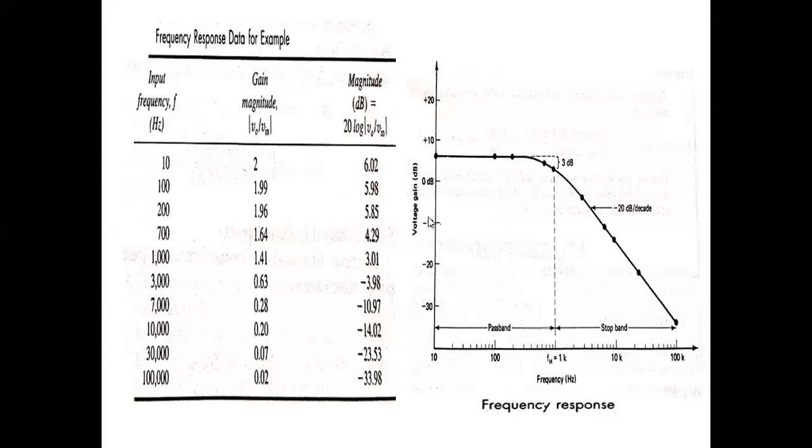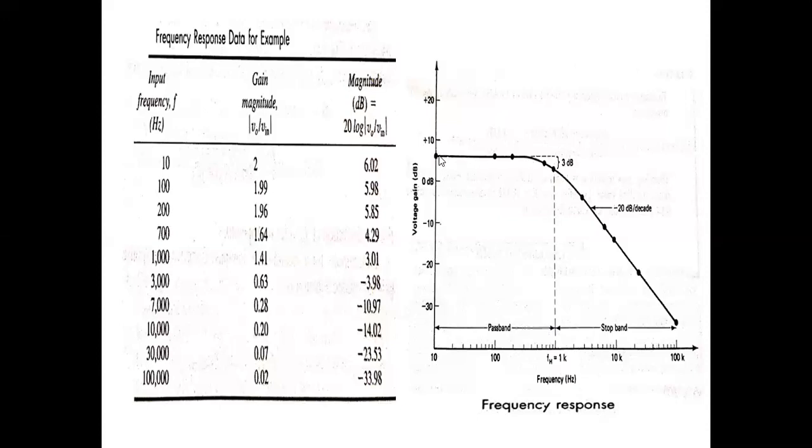Just looking into the table, we can draw the frequency response of the first order filter, right? Now, coming down from the maximum gain by 3 dB, we can find the cutoff frequency. Just go through this line, and this gives us the higher cutoff frequency of the filter as 1 kilohertz. That is why we designed it for a 1 kilohertz frequency.